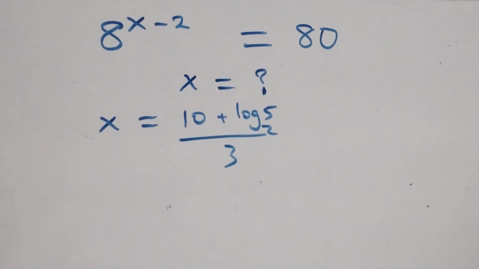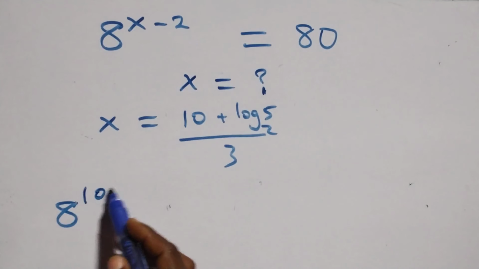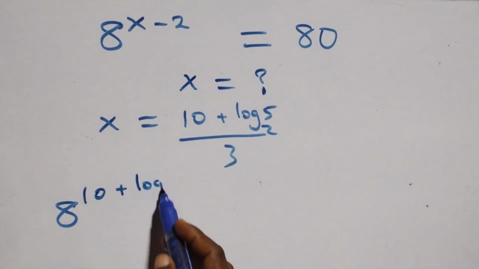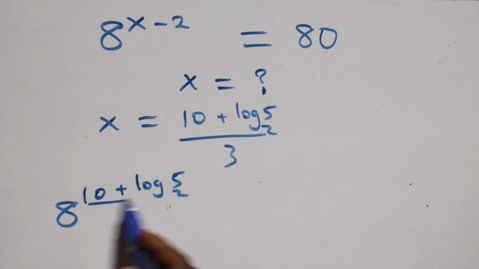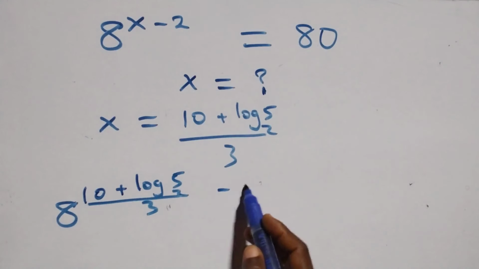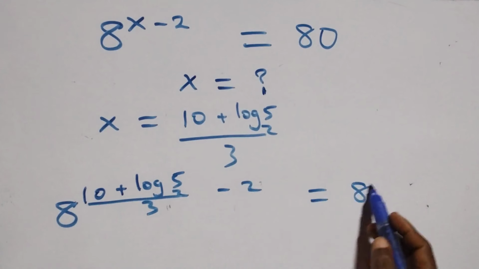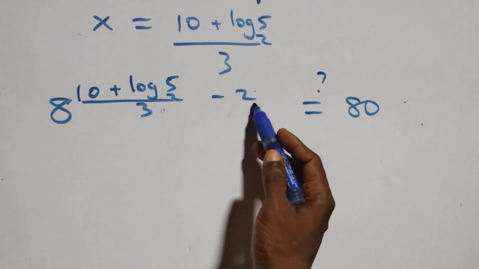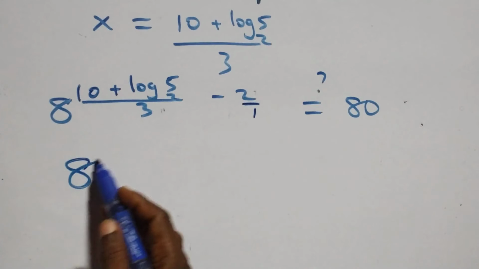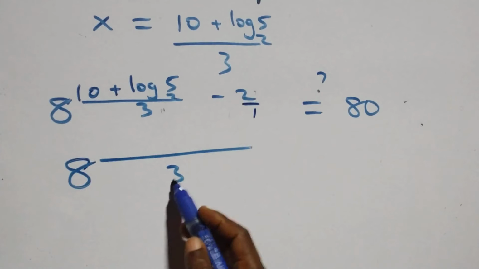That is, what we have here becomes 8 raised to power 10 plus log 5 base 2 all over 3 minus 2 equals 80 on this side. And here we bring this power together as well. This 2 over 1, we have 8 raised to power, the LCM made as 3.